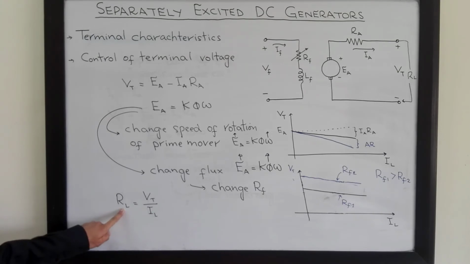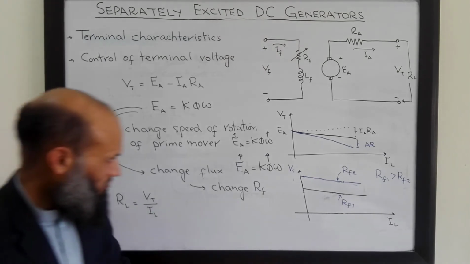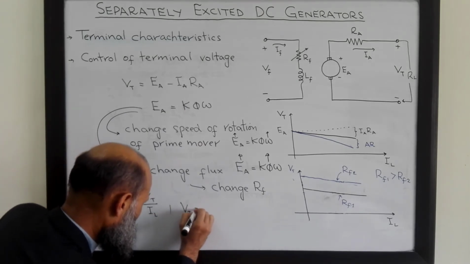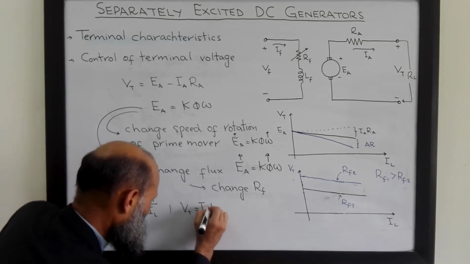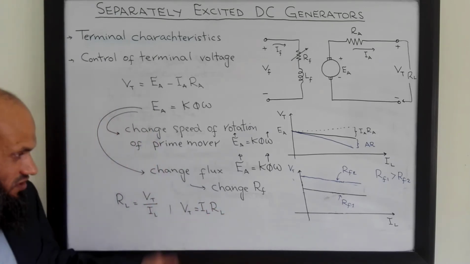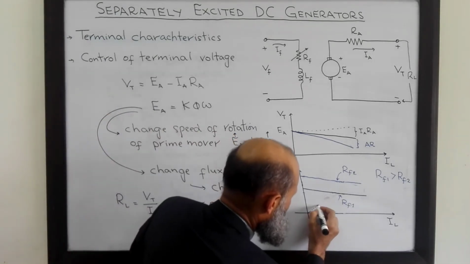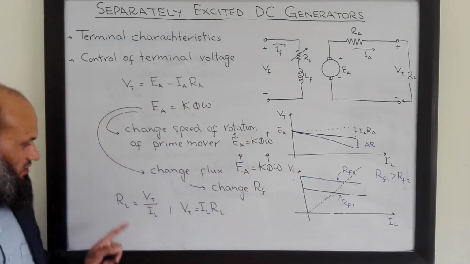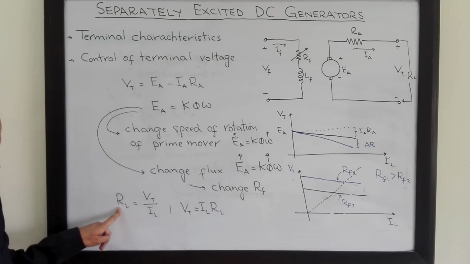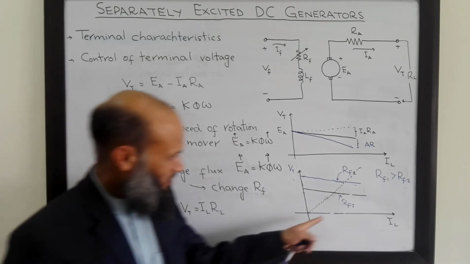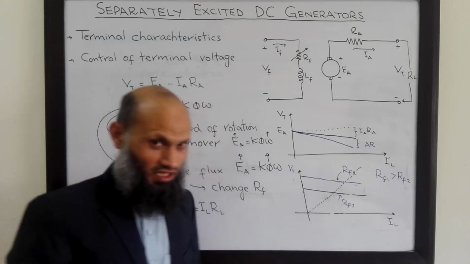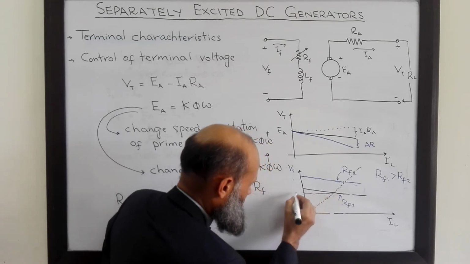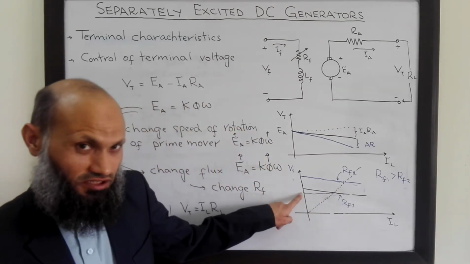If I plot this RL over here, this equation, Vt = IL RL, is the equation of a straight line given by this straight line. That is, if we have connected a load resistor RL, then corresponding to field resistance RF1, the terminal voltage will be this one.